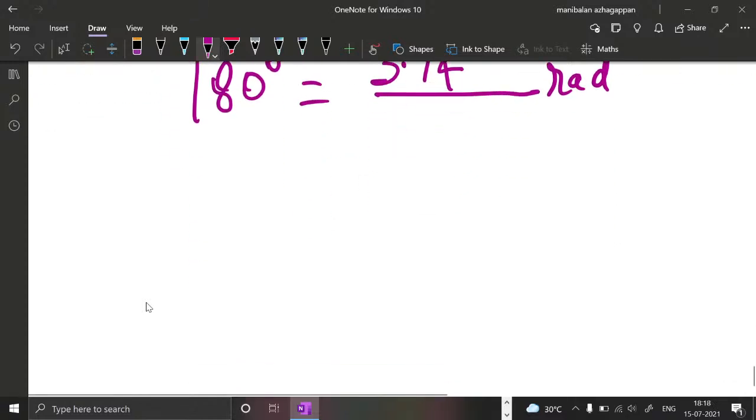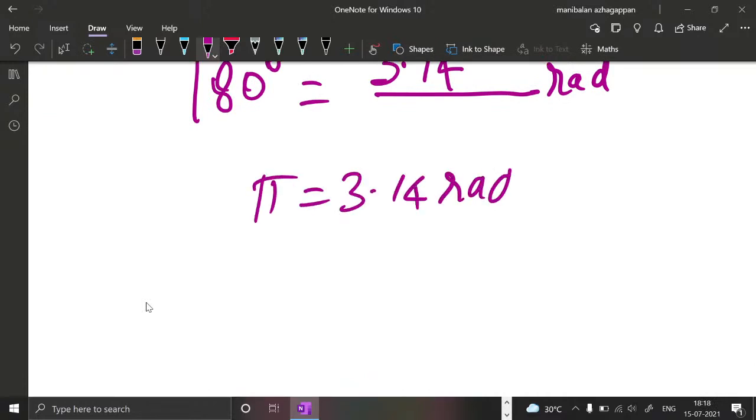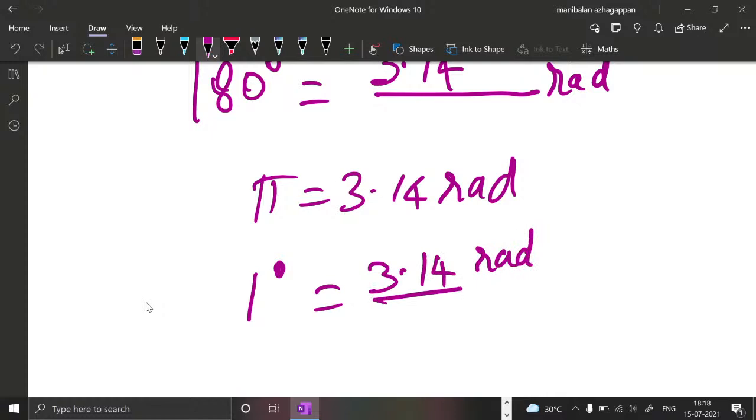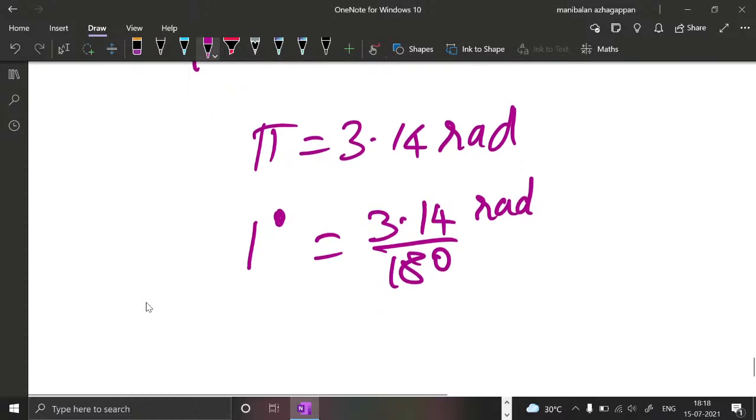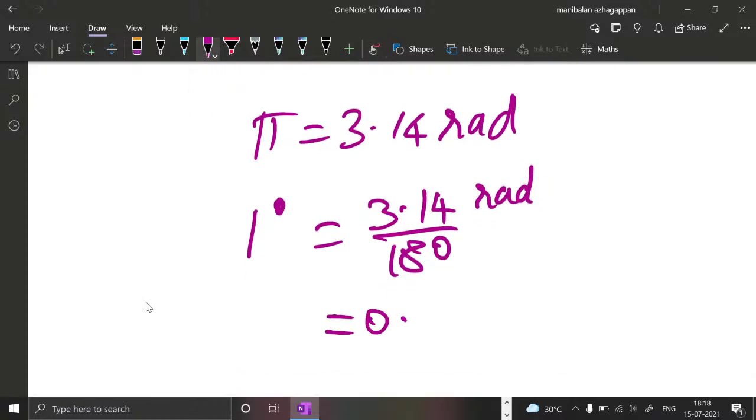Okay, the same, pi is equal to 3.14 radian. If you want 1 degree is equal to how much radian? It's going to be 3.14 radian divided by 180. The answer we are going to get is 0.0017 radian.